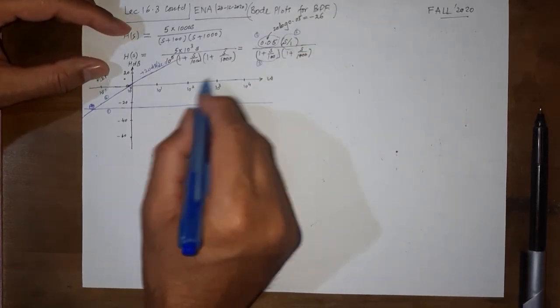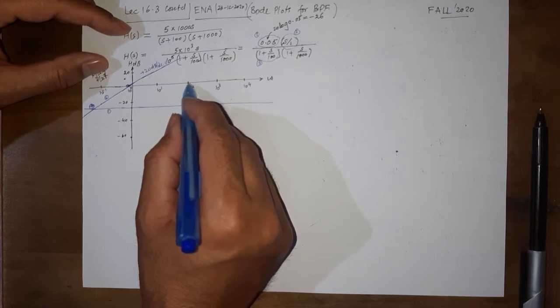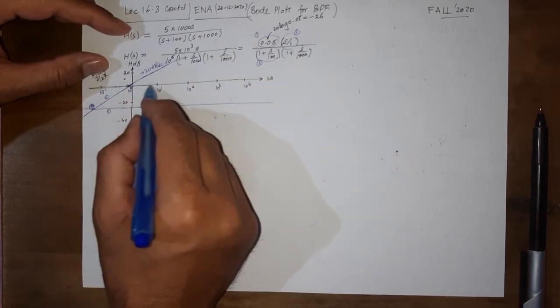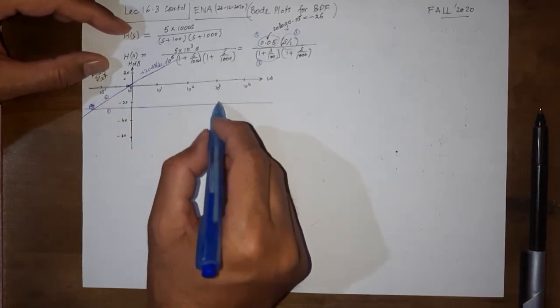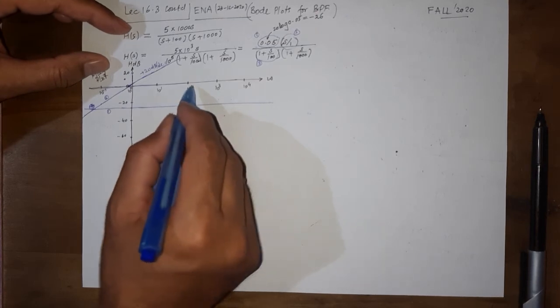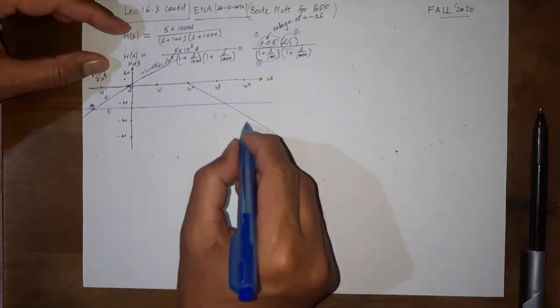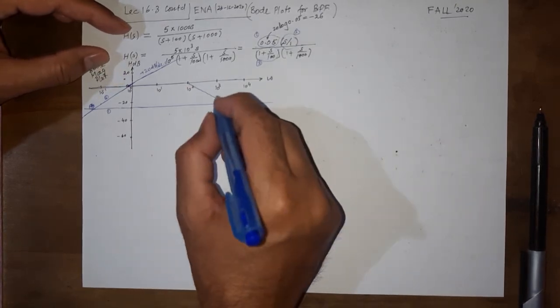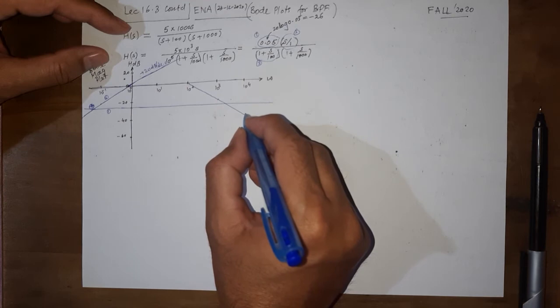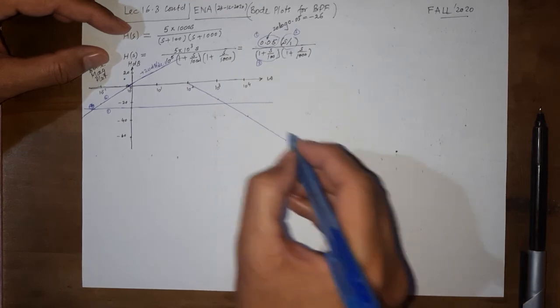So how to plot this? 100 is 10 to the power 2 and is in the denominator. So we have 0 till this point, and then this is 20. So a line with minus 20 dB per decade downward. So this is minus 20. This point would be minus 40 and so on.